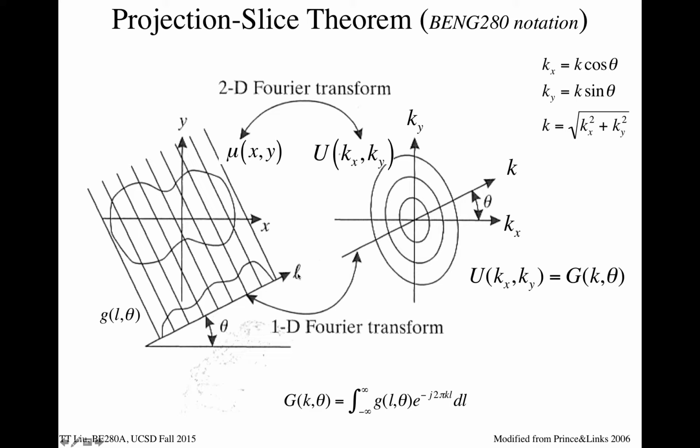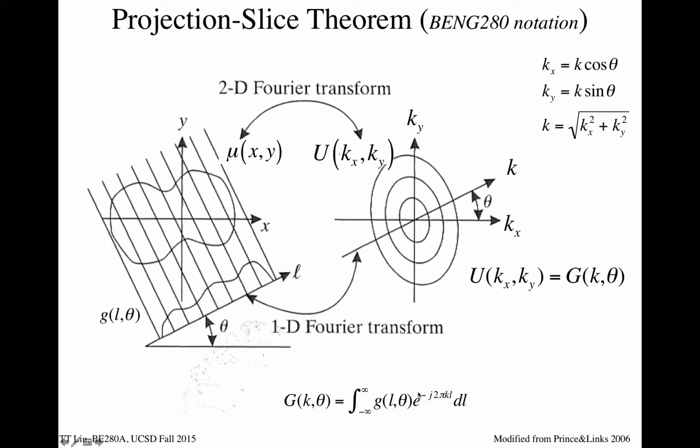Okay? So the function along here is simply this capital G of k, which is distance from the origin at an angle theta, is just the Fourier transform of little g_L(theta), right? You take the transform with respect to L, okay?